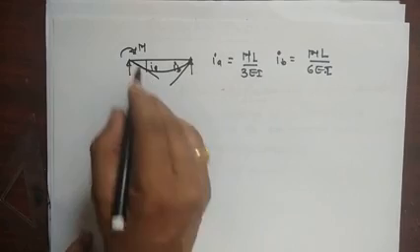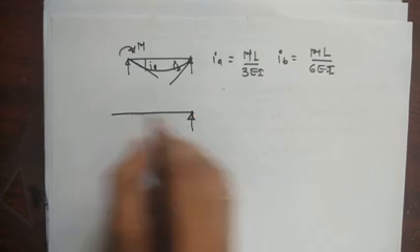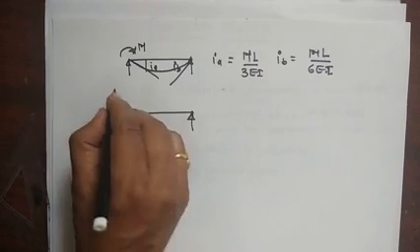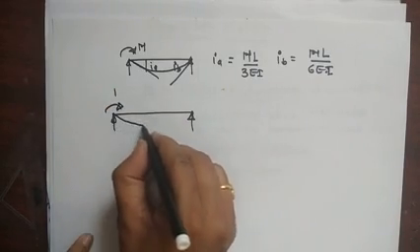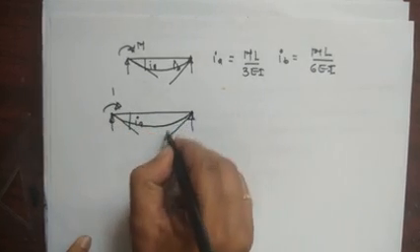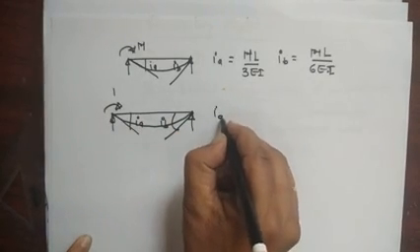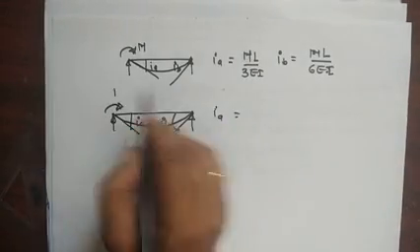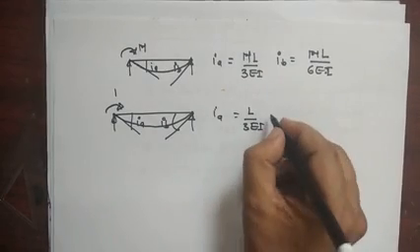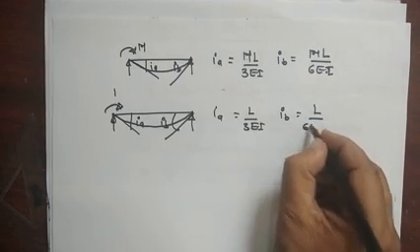Now suppose instead of M, if you apply here a unit moment, in that case this is the slope at A, slope at B. So this theta A becomes, instead of M there is a 1, so it becomes L by 3EI and theta B is equal to L by 6EI.